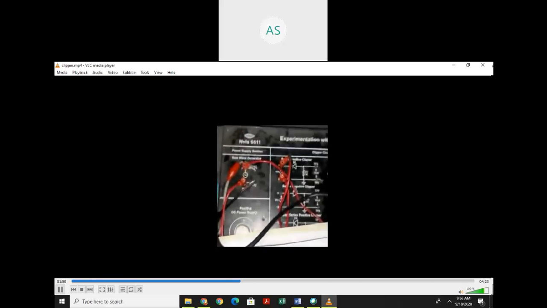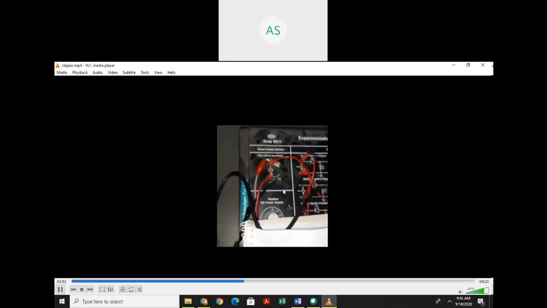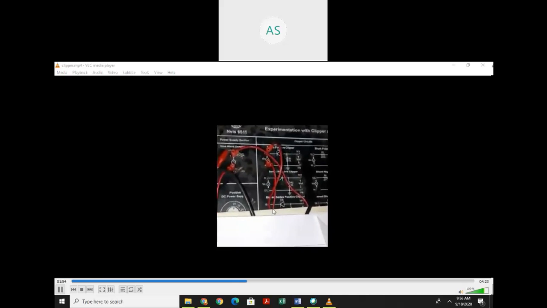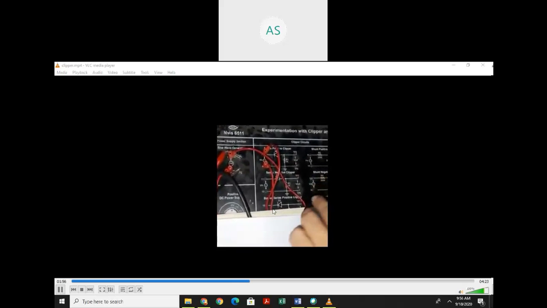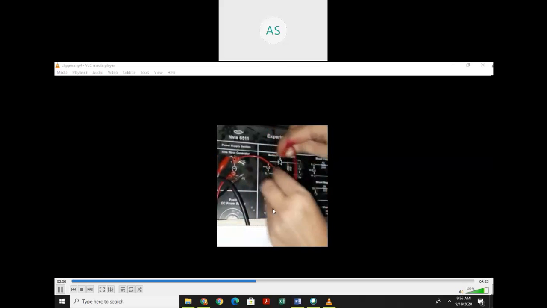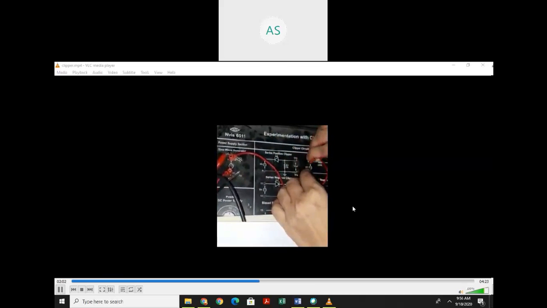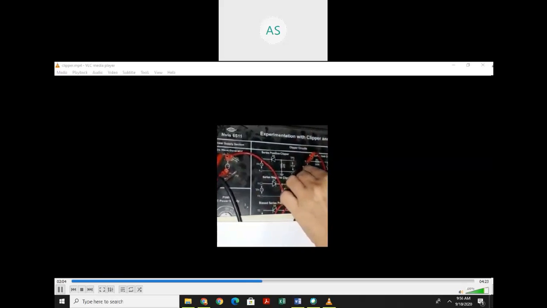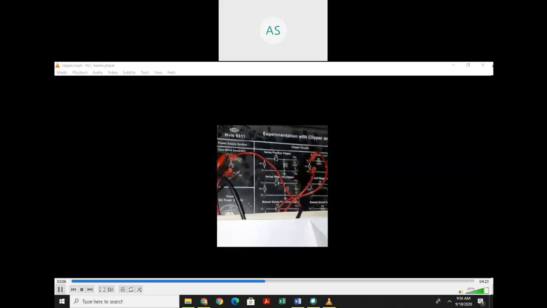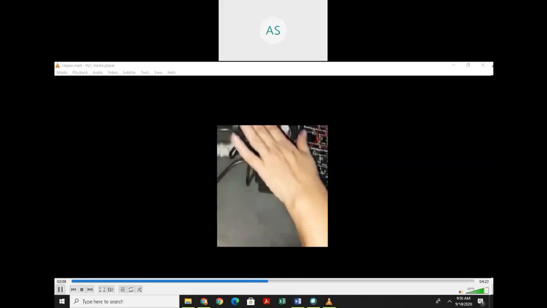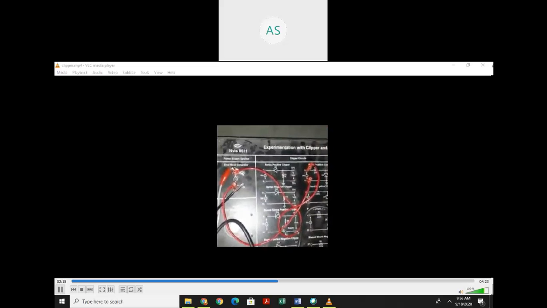According to these connection, one is connected to 7, one is connected to this point, and second point is connected to this point, and TP3 and TP4 is connected to the CRO. And here we give a sinusoidal wave, and this is shown in CRO.